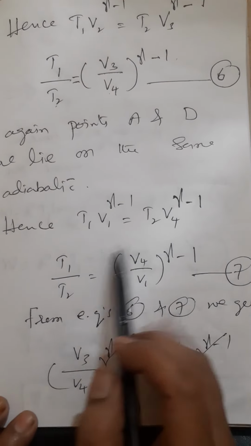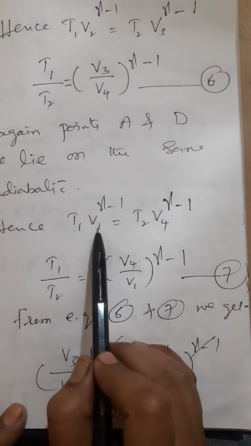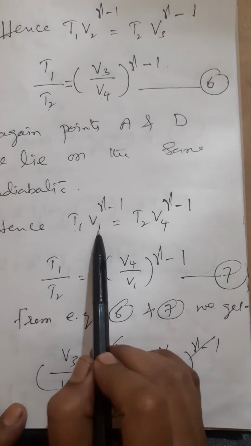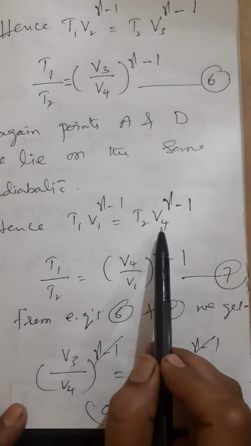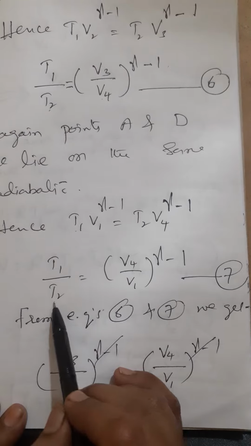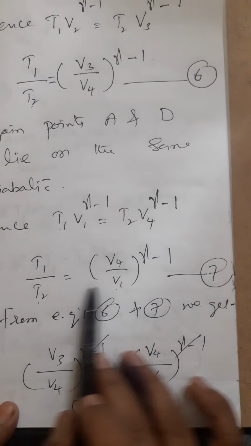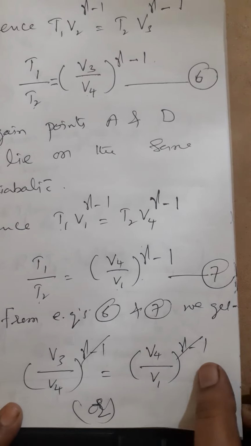So we can write the adiabatic equation in terms of volume and temperature: T1 V1 to the power of gamma minus 1 equals T2 V4 to the power of gamma minus 1. Then T1 by T2 can be written as V4 by V1 to the power of gamma minus 1. Let us take this as equation number 7.